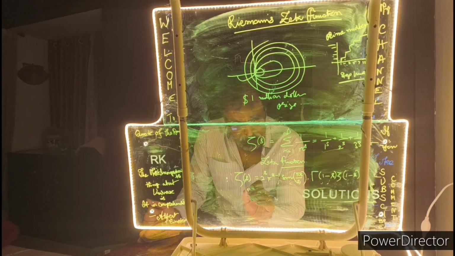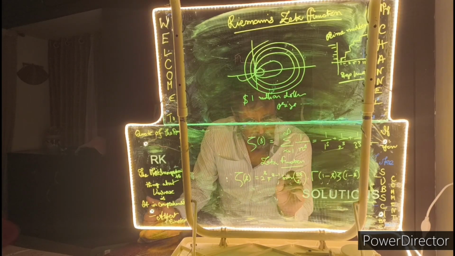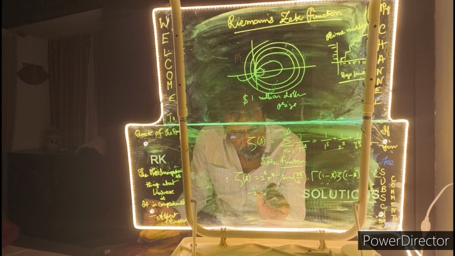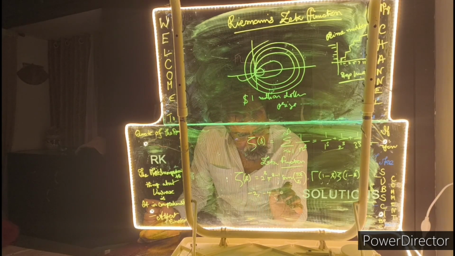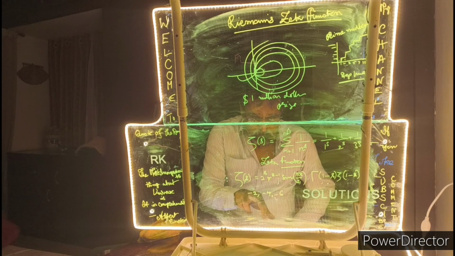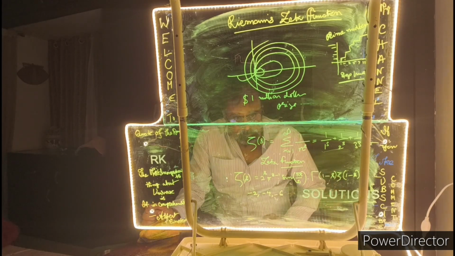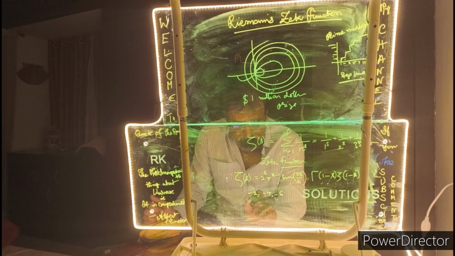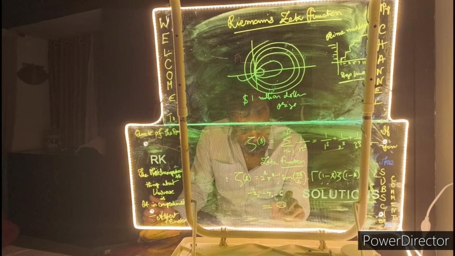So when s takes the values of minus 2, minus 4, minus 6, like that, negative even integers, then this zeta function will become zero.